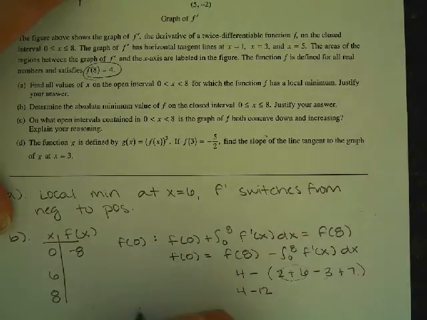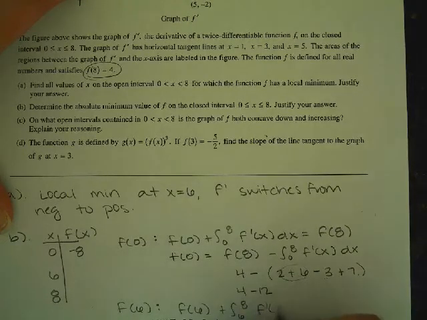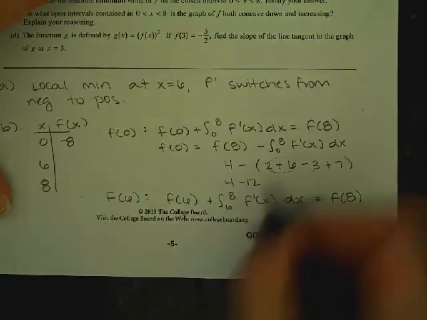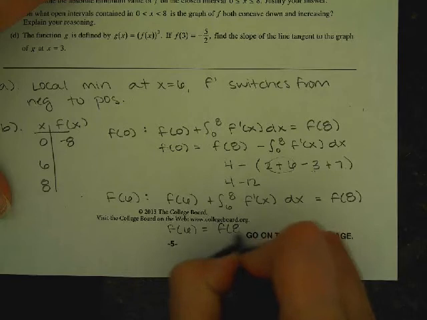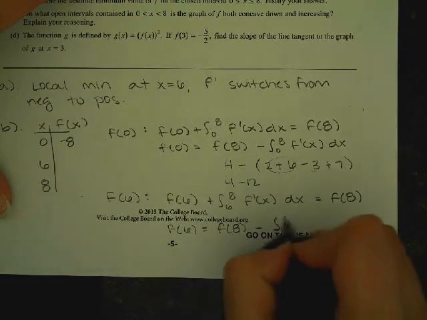All right, and then for f of 6, I'm going to say f of 6 plus the integral from 6 to 8 is what gives us f of 8. And so to find f of 6, I'll go ahead and do f of 8 minus the integral from 6 to 8.